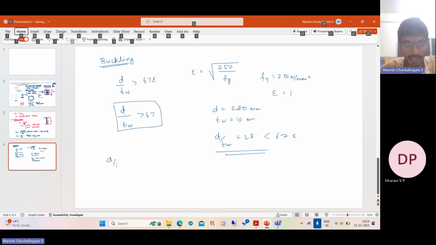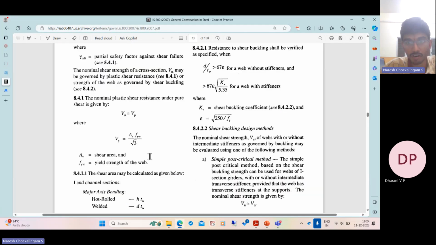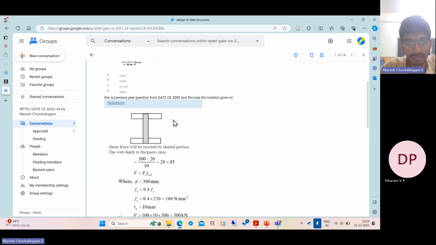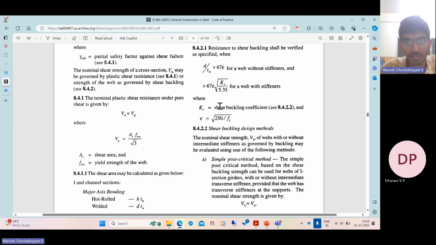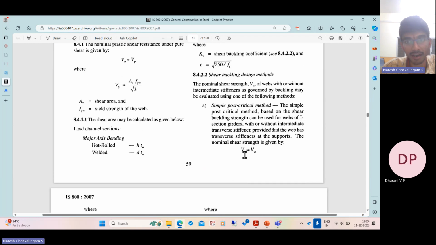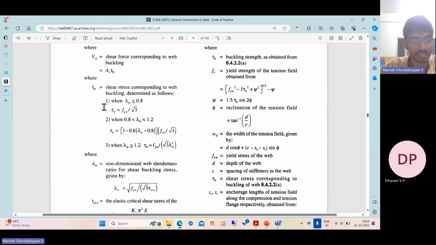But if d by tw exceeds 67 epsilon, then it means it can undergo buckling. They have mentioned in the question it doesn't have stiffeners, so it is an unstiffened I section. So if d by tw is greater than 67, then you need to find out the buckling load, and for finding the buckling load, this portion is there.